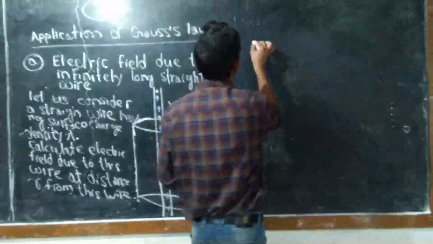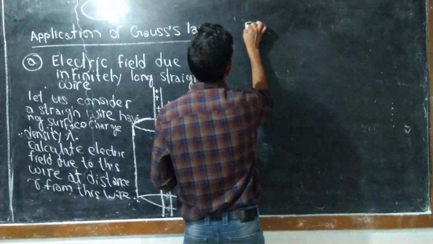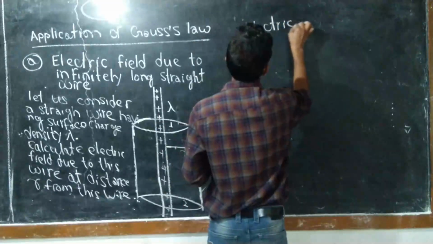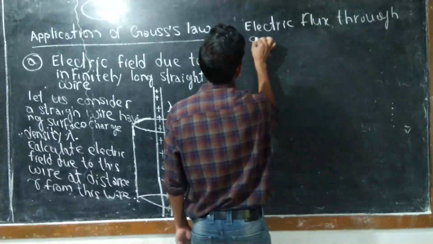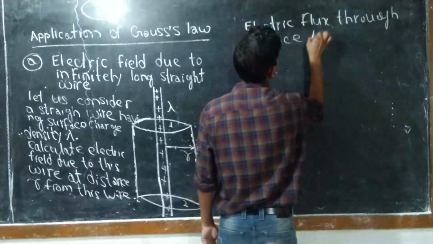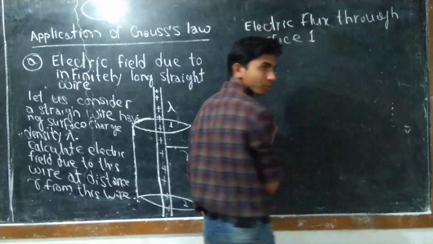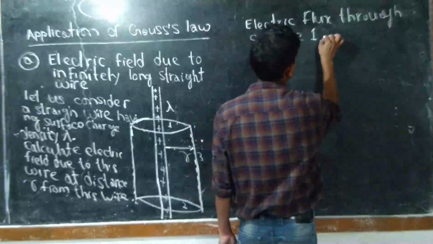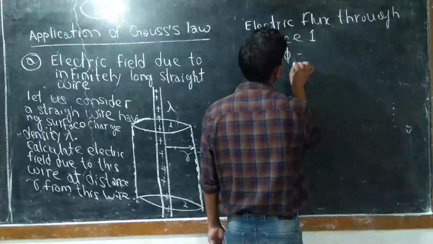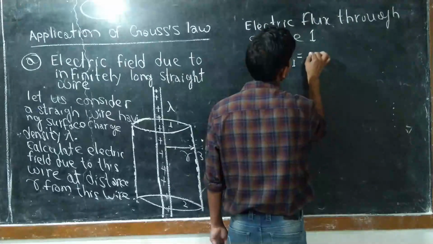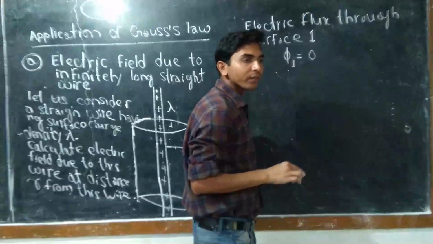So now I am writing here electric flux through surface 1 is phi 1, and that phi 1 is 0. Why 0?